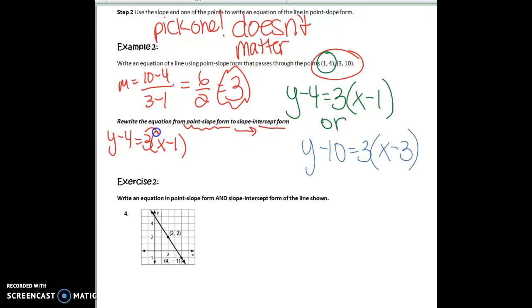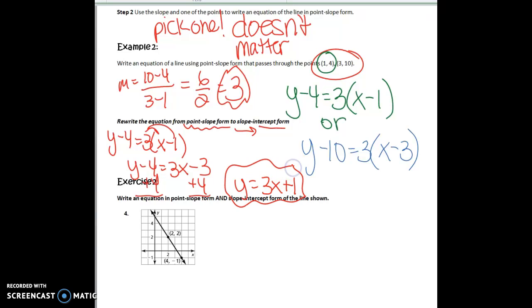All I'm going to do is get y alone: distribute the 3, add the 4, y equals 3x plus 1. There's your slope-intercept form.